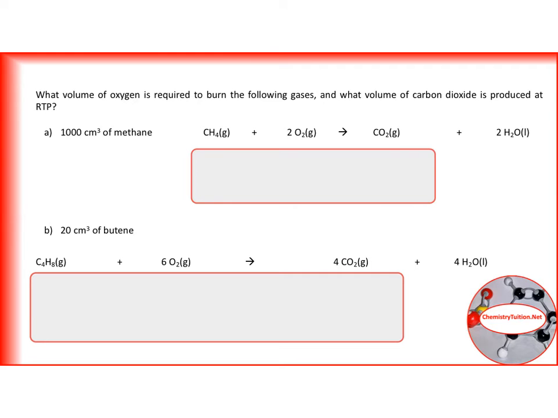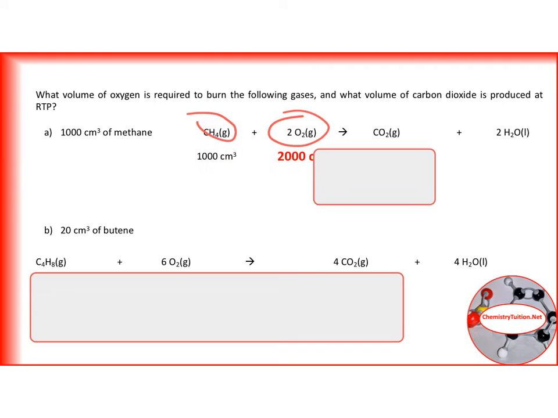If I've got 1,000 centimeters cubed of methane, I can see from the equation for every 1 mole of methane, I need 2 moles of oxygen. So if I have 1,000 centimeters cubed, I need double the volume of oxygen to combust it. So I am going to need 2,000 centimeters cubed.